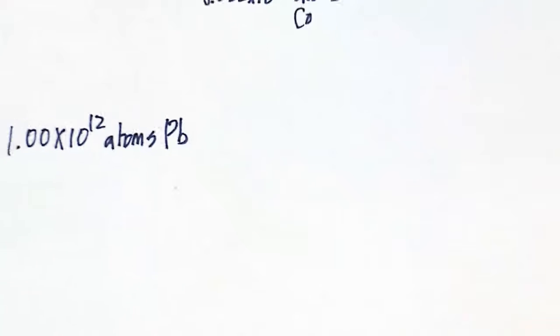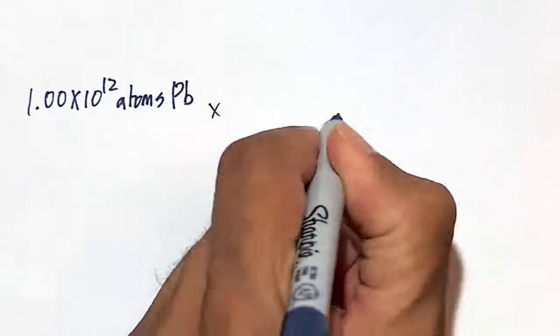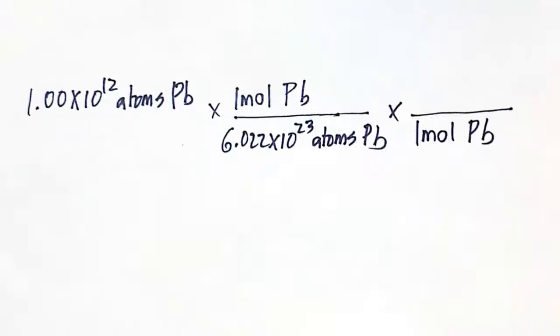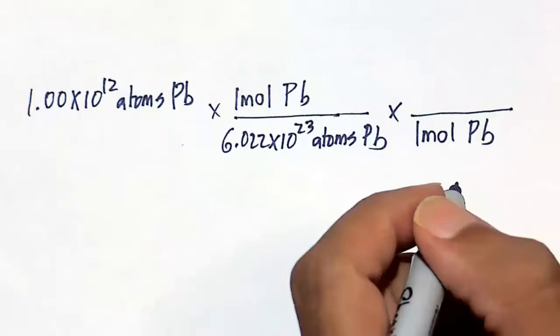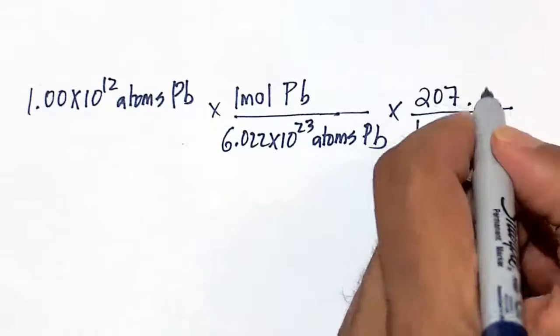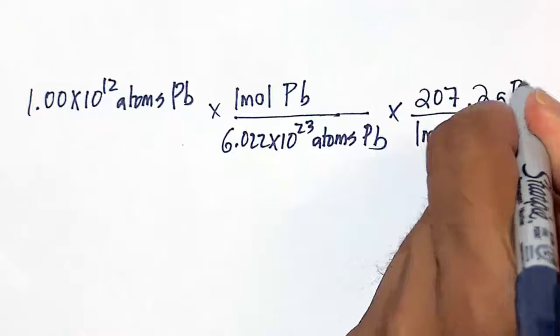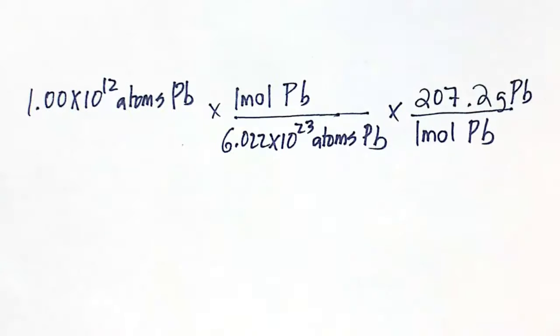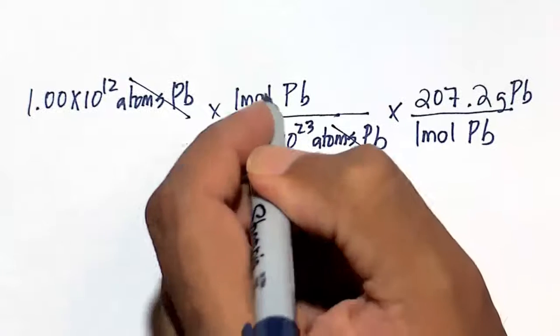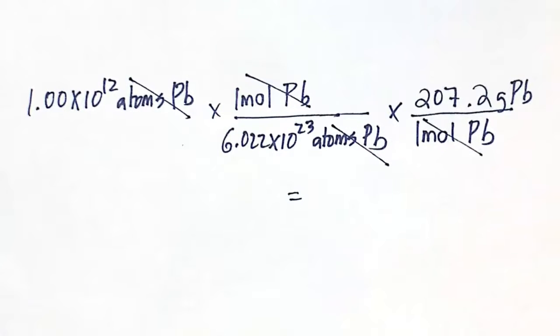Let's go ahead and convert that to moles of lead, because 1 mole is Avogadro's number of atoms, and it's asking for grams. So I'm looking this up in the periodic table. This is about 207.2 grams of lead. So using this relationship with Avogadro's number, the atoms of lead cancel. The moles of lead cancel.